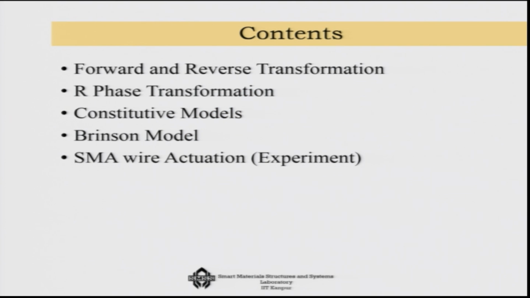We will talk about forward and reverse transformation in shape memory alloy, R phase transformation, and constitutive models. A simple constitutive model we will take up is the Brinson model, and I will show you an experiment with shape memory alloy to give the concept of shape memory alloy based control.